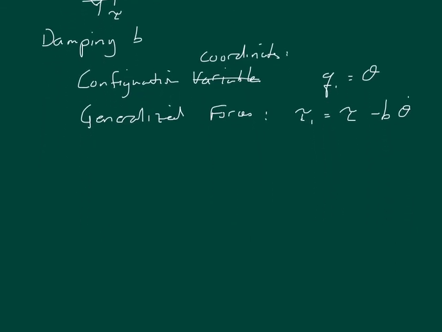We also need to derive the kinetic energy. So this is a system that is spinning, so the kinetic energy K is going to be 1/2 omega transpose J omega.